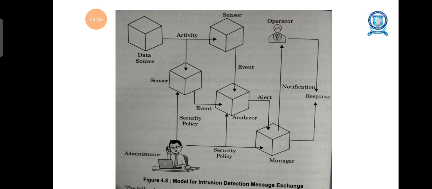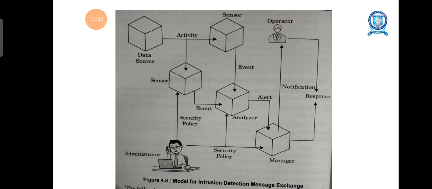The manager will give the notification to the operator. Operator is again responsible for taking the necessary actions against the intrusions, and the operator will give the response for the notification given by the manager.